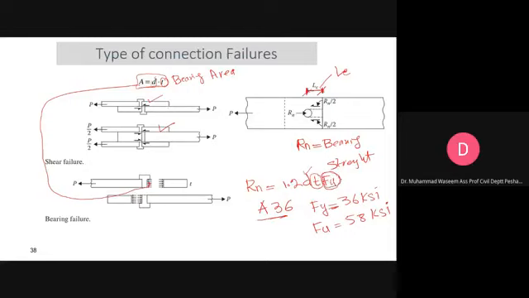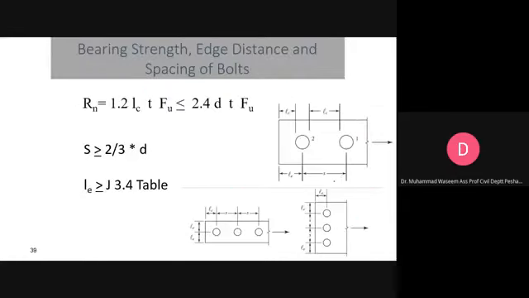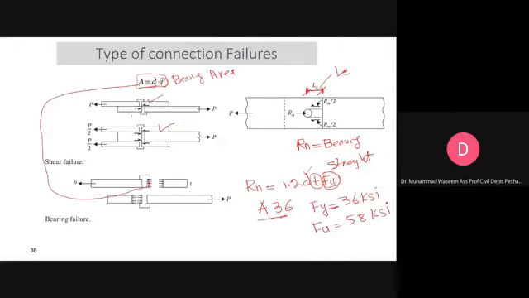So this equation is given like this. This slide is showing the bearing strength. How can you compute the bearing strength? This formulation is given by AISC. In order to evaluate the bearing strength, you should use this formulation: 1.2 into Lc. I forgot to write Lc. This is Lc, I'm sorry.